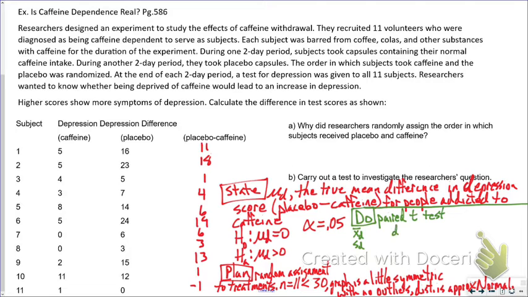I already know df is 10 because it's n minus 1. If you want to write the formula, although we already wrote the name of the test, the formula is this. But let's go to the calculator.